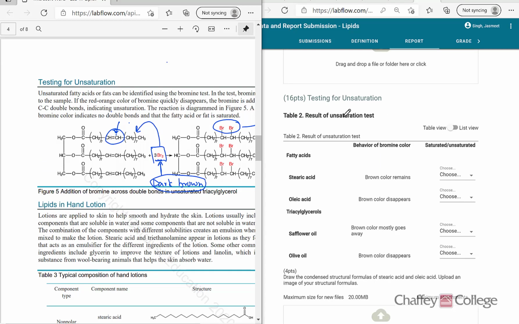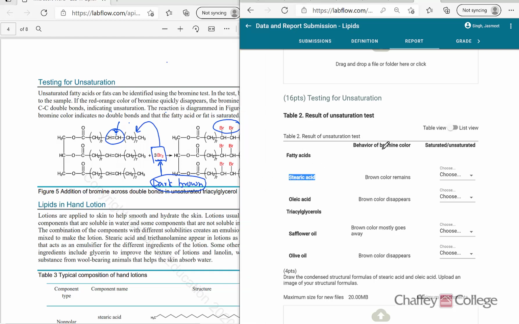And finally, the testing of unsaturation. As we learned, this is a reaction in which we add bromine to various fatty acids. If a double bond is present, then the color of bromine will disappear. For example, in this case, we added bromine to stearic acid, and the bromine color remains.